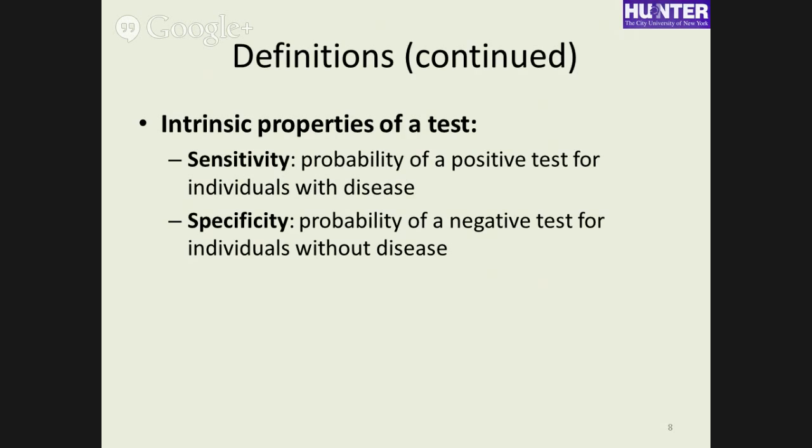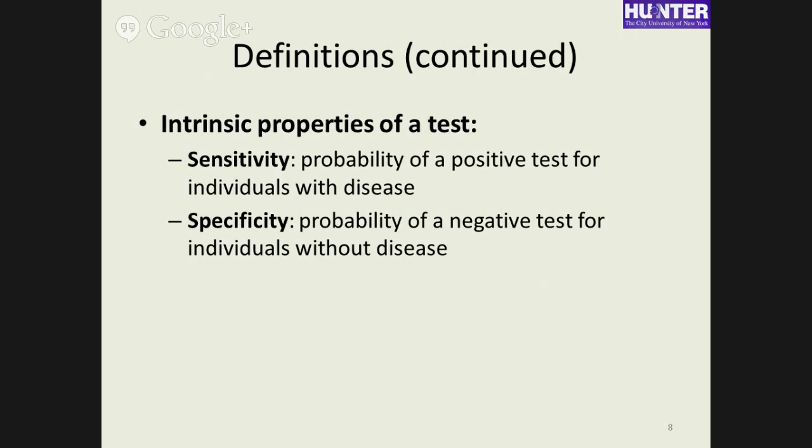Screening tests: sensitivity and specificity are important intrinsic properties of that test. It has to do with how that test performs both on individuals with the disease or infection, that's the sensitivity, and its performance on individuals without the disease, that's specificity.